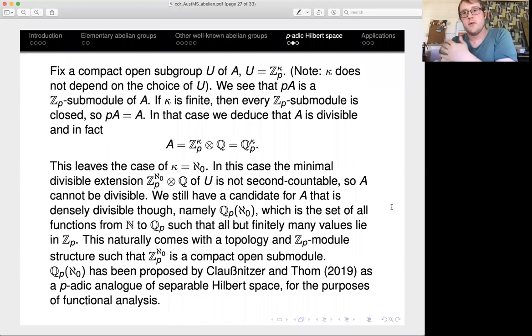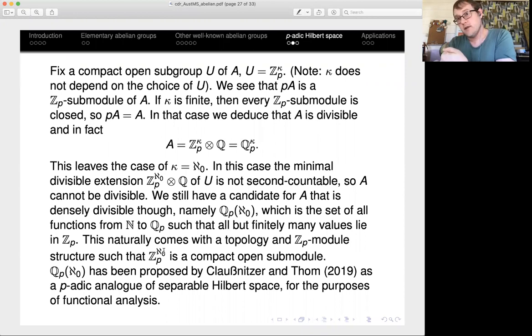So we have to take something a bit smaller, and the candidate group to consider is the set of all functions from the natural numbers to QP, such that all but finitely many values are in ZP. And then this has naturally got a copy of ZP to the L(f)0 as a compact open submodule.